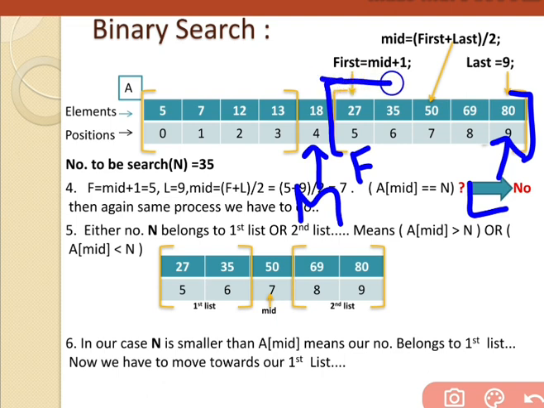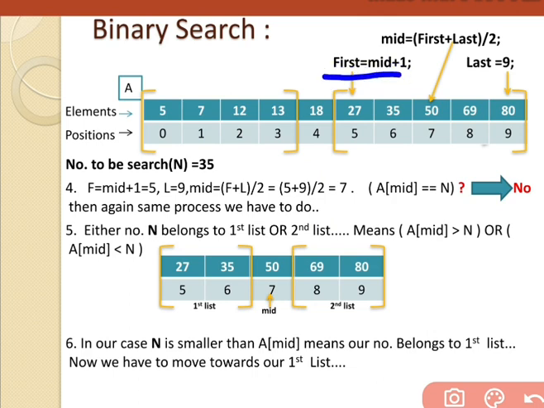See, first is equal to mid plus 1. Mid is here, we have to move it. Here mid plus 1 should be our first value. That's why I wrote first equals mid plus 1. Last is already 9, we know that. Then first plus last divided by 2.